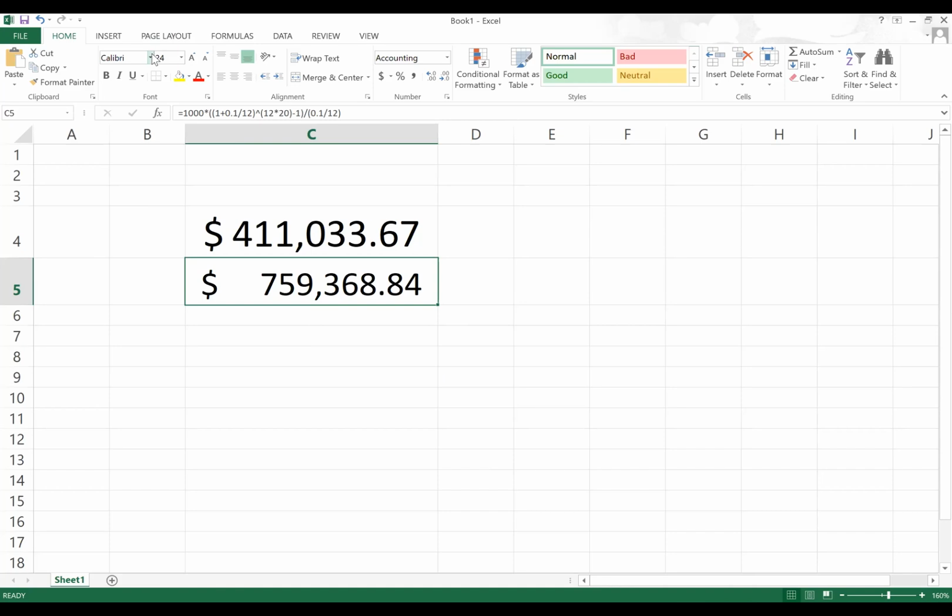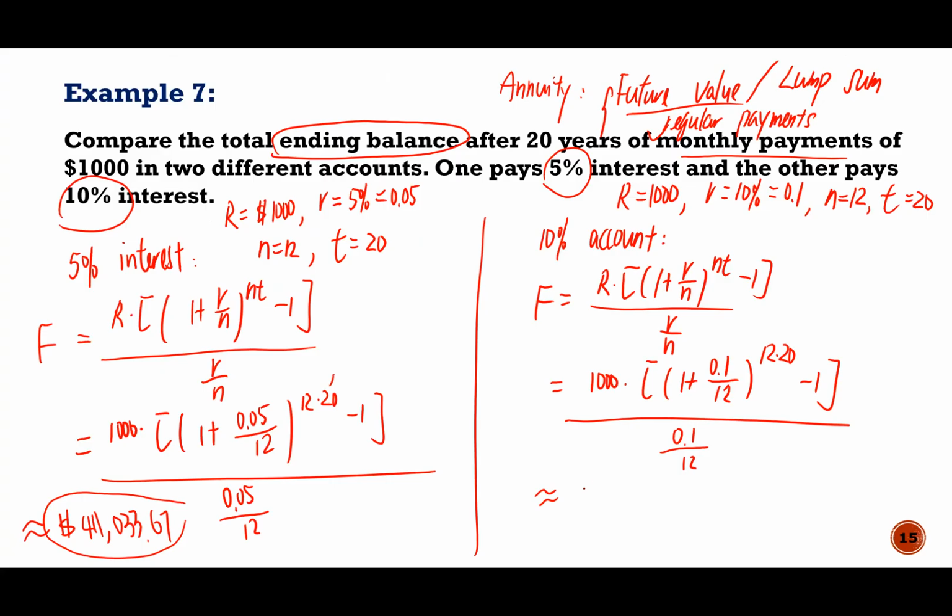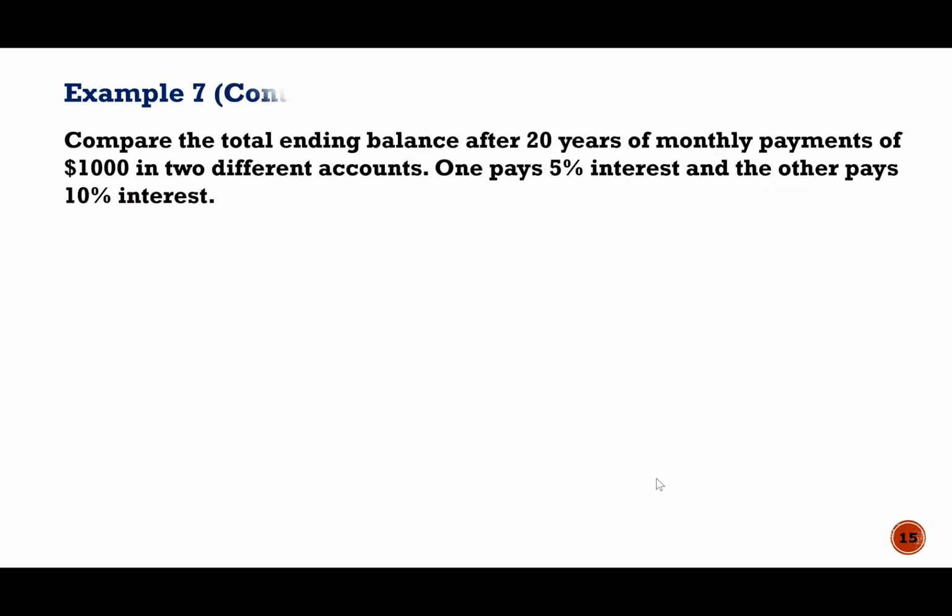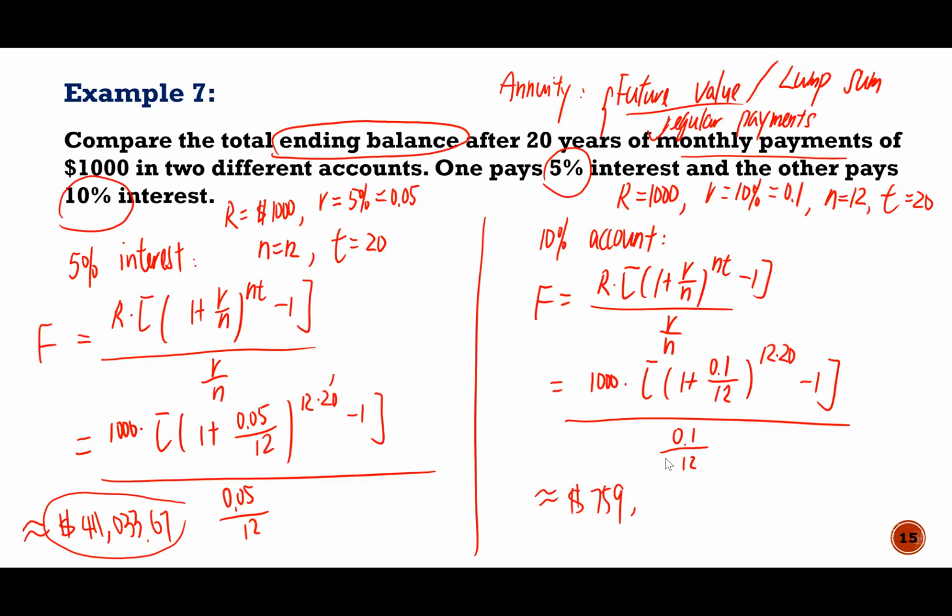Okay, 759,368.84. Okay, and that's how you come up with the ending balance.